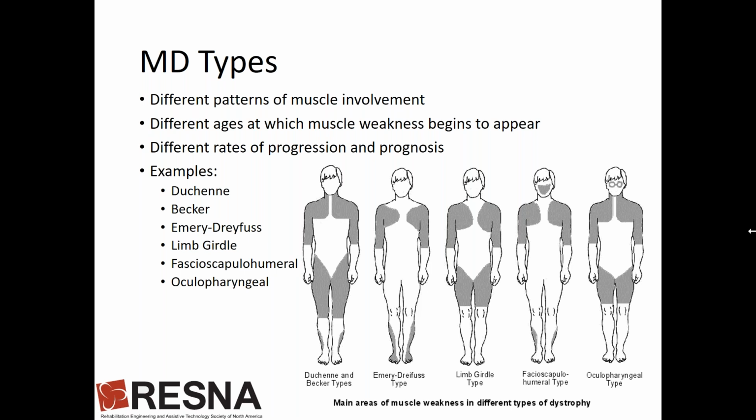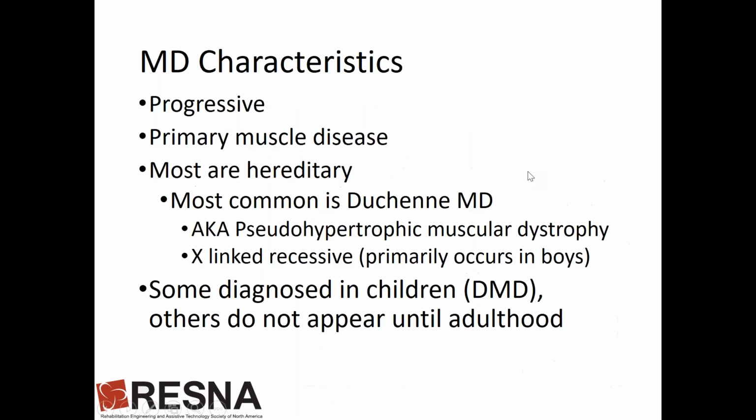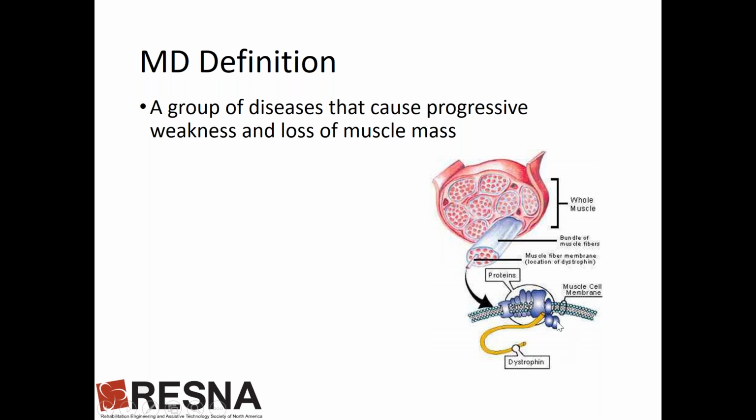So the difference between muscular dystrophy and spinal muscular atrophy is that spinal muscular atrophy is caused as a result of damage to the motor neuron. Muscular dystrophy is damage to the muscle.